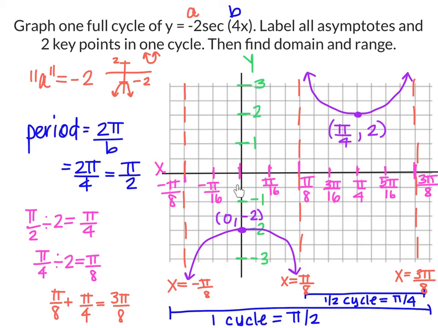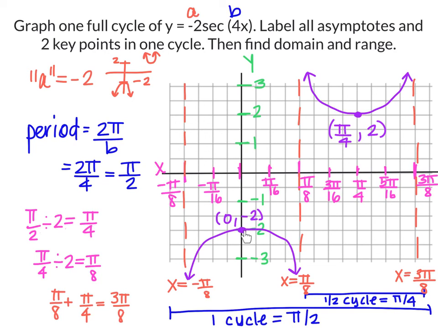Halfway between 0 and pi over 8, or -pi over 8, is a 16th. So I'm going to count by 16ths and just simplify the fractions as I go. So this is -2/16 pi, which is -1/8, -1 over 16, and then we get 0, 1/16, 2/16, which is pi over 8, 3/16, 4/16, pi over 4, 5/16, and then 6/16, which is 3 over 8, which is why we love to simplify fractions when we can.